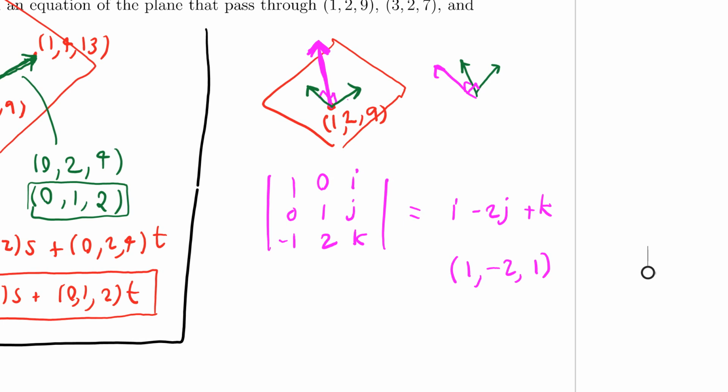It is going to be x minus x naught times the first coordinate, plus y minus y naught, which is y minus 2, times the second coordinate, which is -2, plus z minus z naught, which is z minus 9, times the third coordinate, which is 1 here.